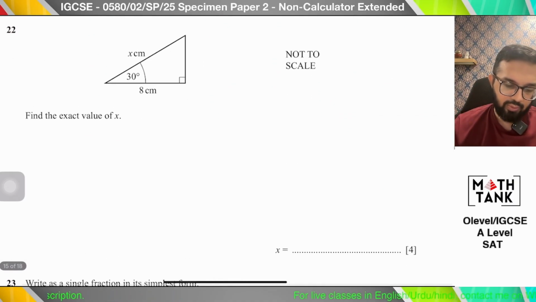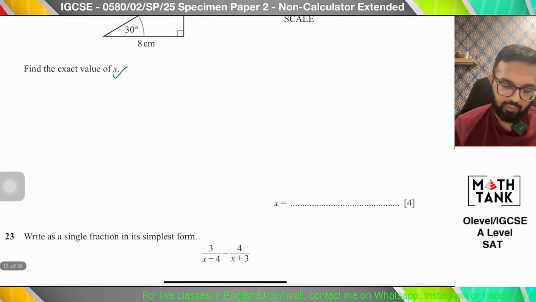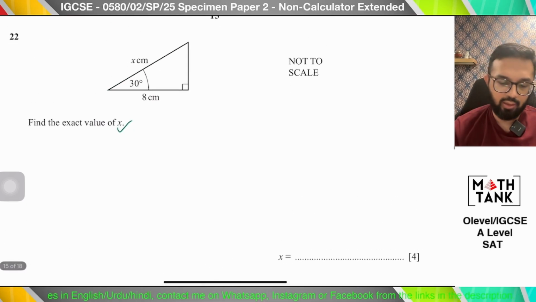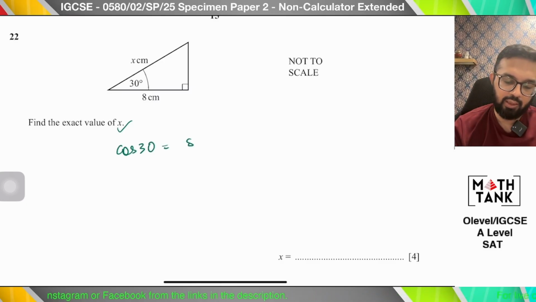Going on to the next question, find the exact value of x. So I think you are expected to remember what sine 30 or cos 30 is. Cos 30 is 8 over x, and cos 30 is root 3 over 2.